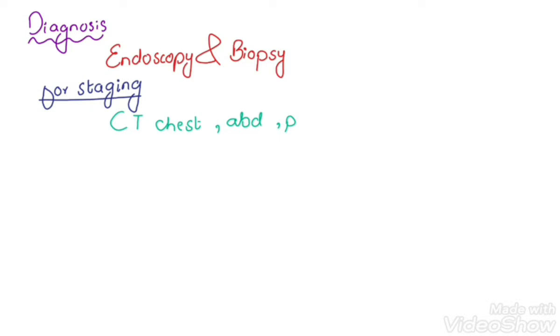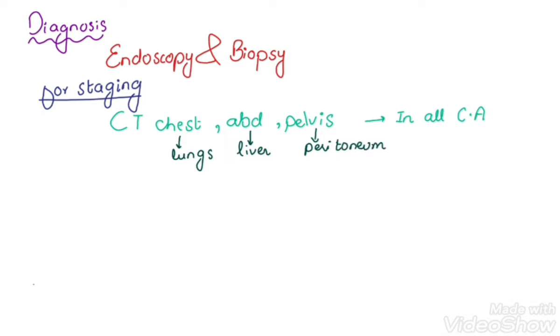To stage, we can use a CT chest, abdomen, and pelvis. You can write it down in staging of any type of cancer throughout the body. Endoscopic ultrasound can also be used. Ultrasound is of two types: transthoracic and endoscopic.